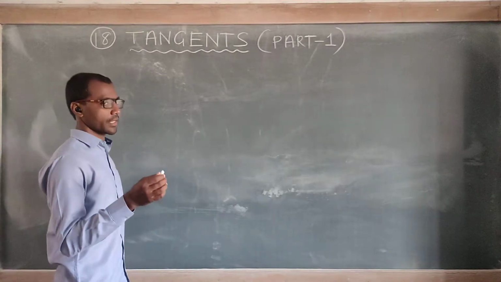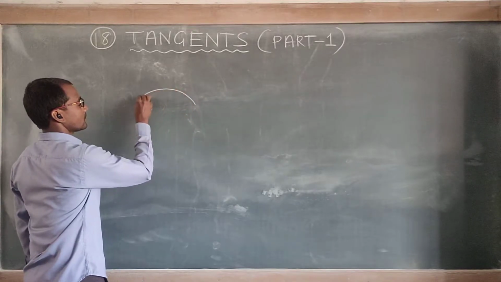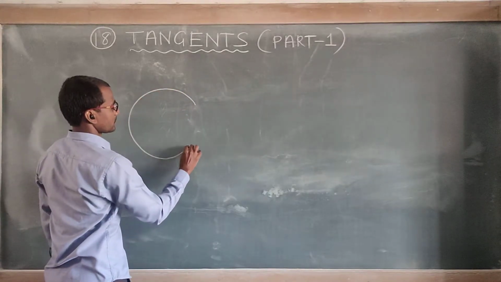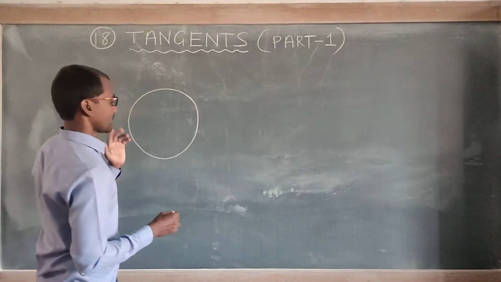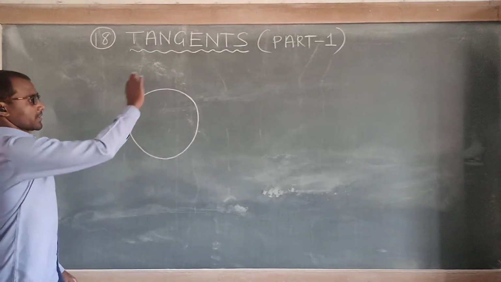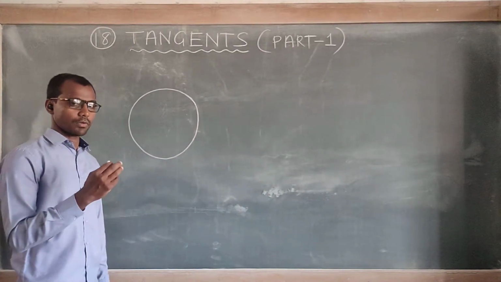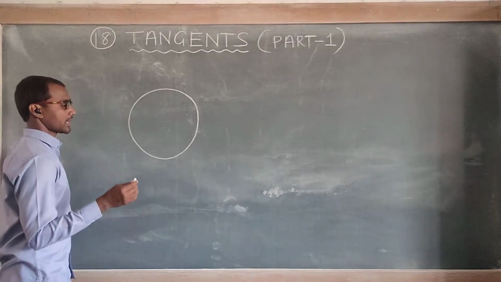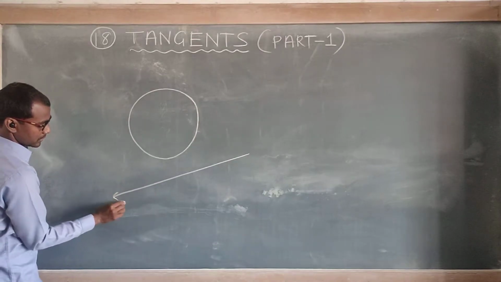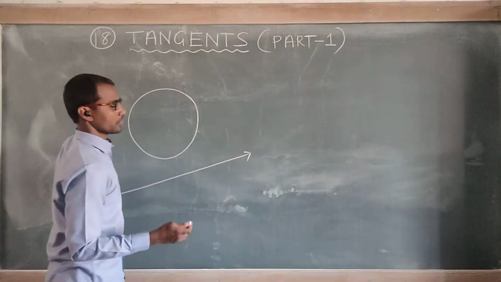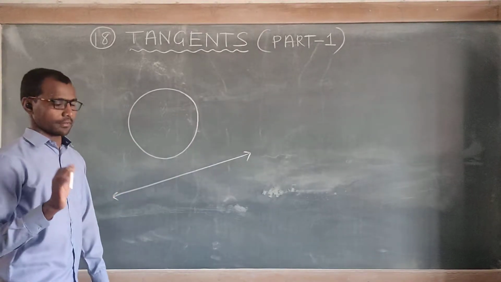First, let us understand what a tangent is. Suppose we have a circle in this plane. Now I will draw lines in this plane. Then I can get three types of lines. This is one line which doesn't have any relation with the circle. It doesn't even touch the circle.